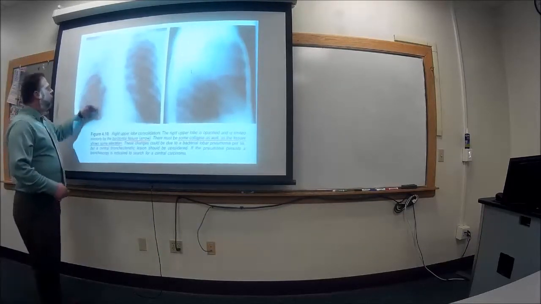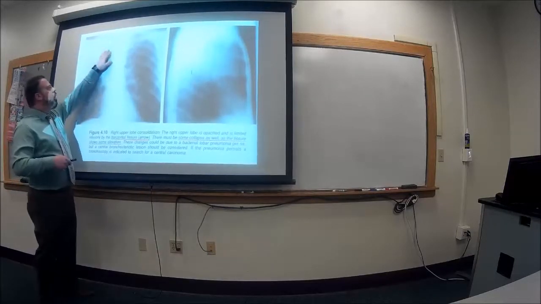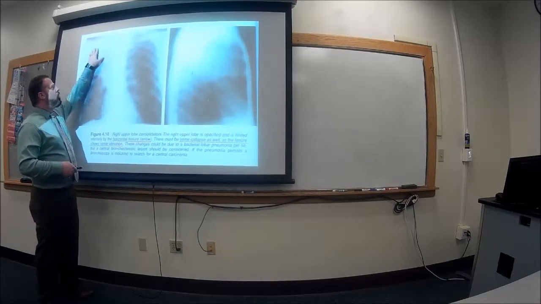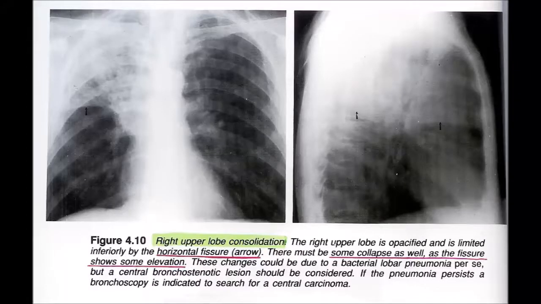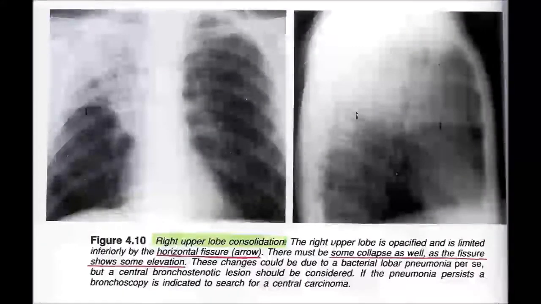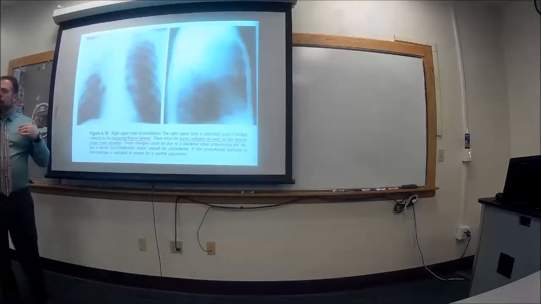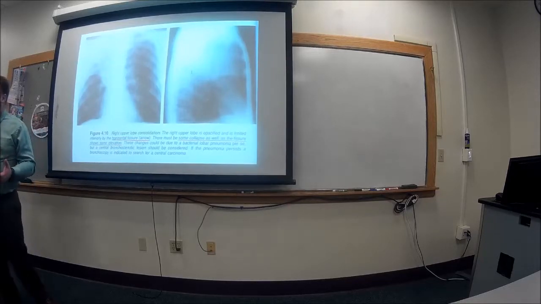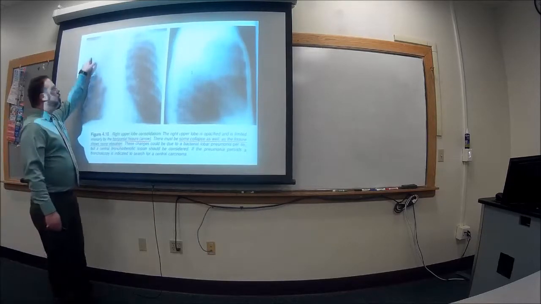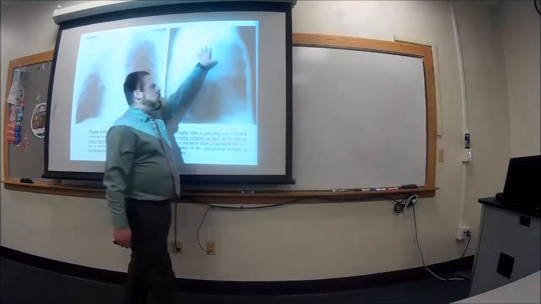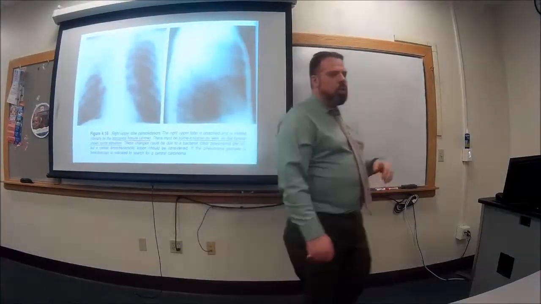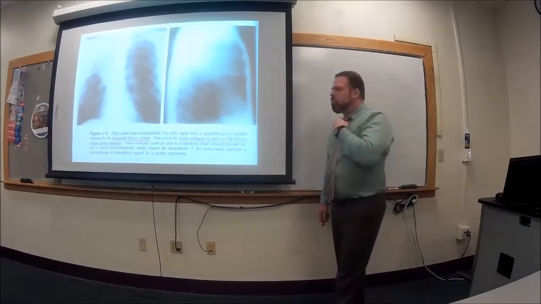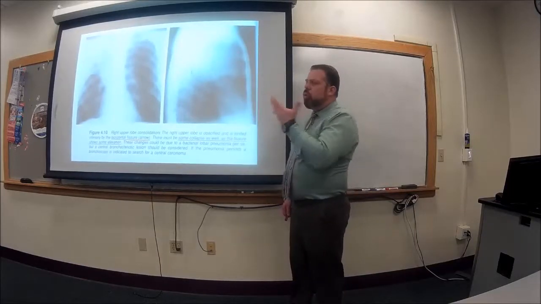So in this area here you can see that there must be some sort of consolidation, that there's some kind of effusion going in there. A lot of water, okay? So this is where the infection is. You can see it's up here in this area, okay? So congestion due to the pneumonia.